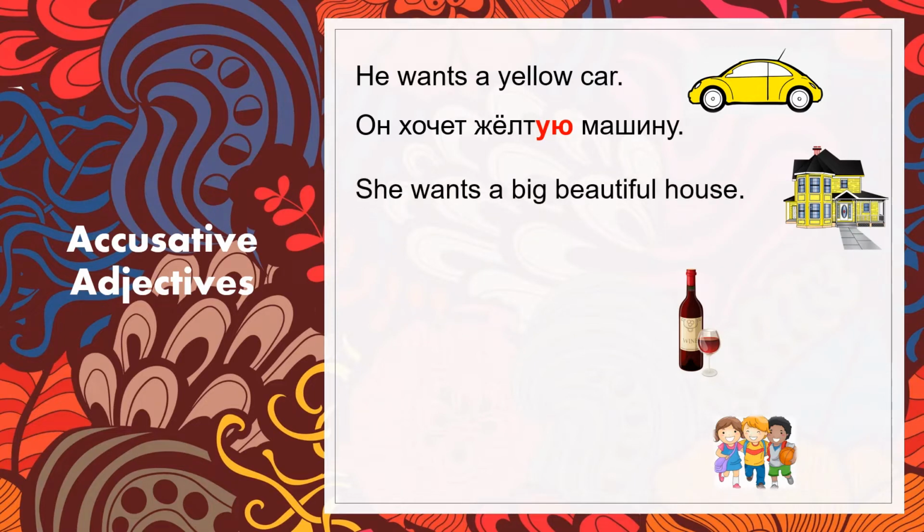She wants a big, beautiful house. Now, house is dom. That is a male inanimate object. We're talking about inanimate male objects. We use the same endings. The endings don't change. It's the same as with nominative. So, она хочет большой красивый дом.